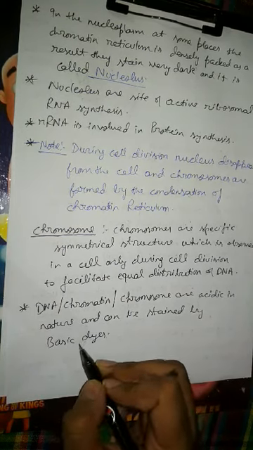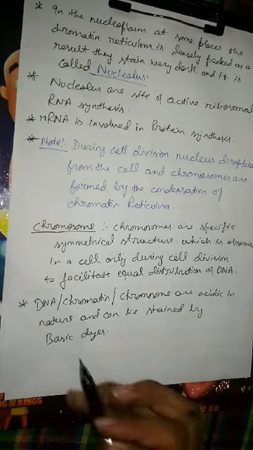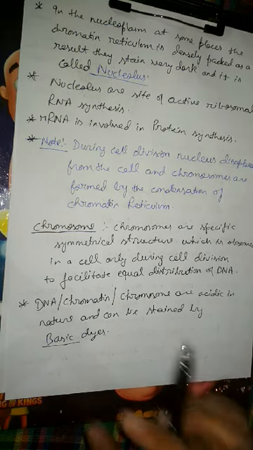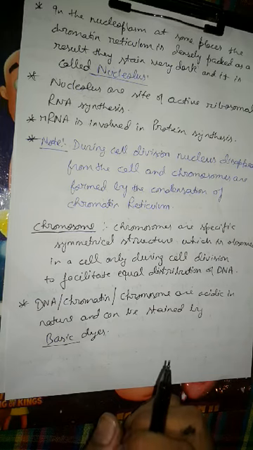Dyes are basically colors which are used to stain any substance. So DNA, remember, is stained by the basic dye. Why? Because it is acidic in nature, therefore it will accept the basic stains. Okay.